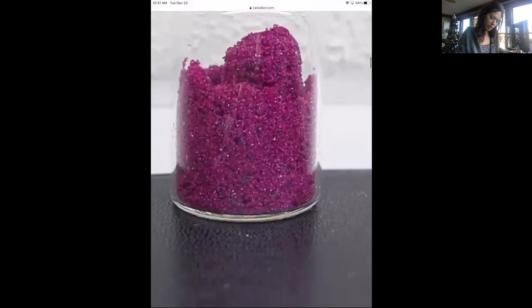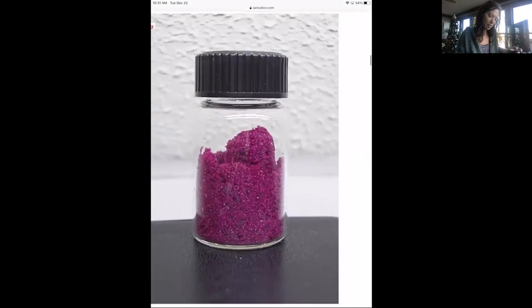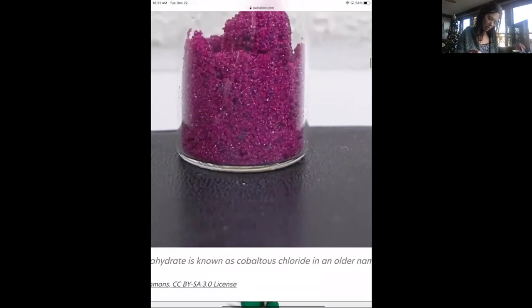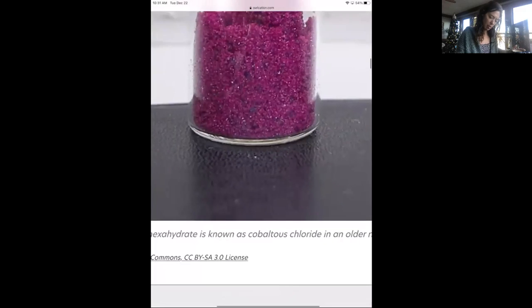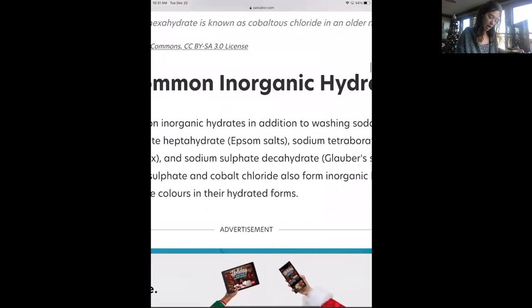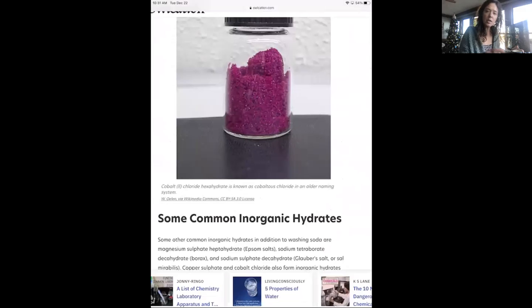There's another hydrate. Look at that pretty color. That must have manganese, I would imagine. Or no, that's got cobalt in it. Look how pretty that is. Cobalt chloride. It's hydrated. So what gives it that shiny appearance are the water molecules that you're seeing in there. Well, you're right, but it's still solid, okay? But there are H2O molecules in there.